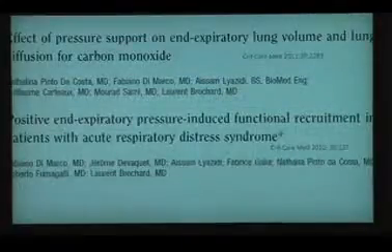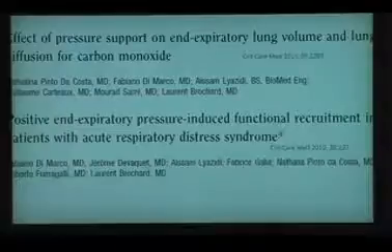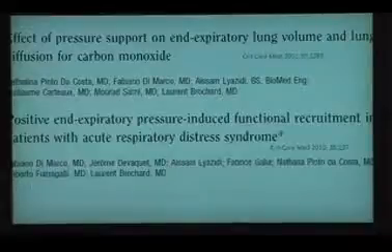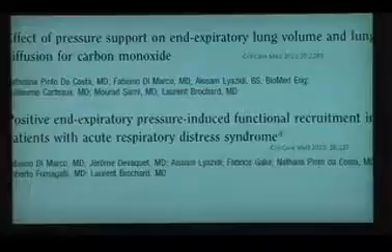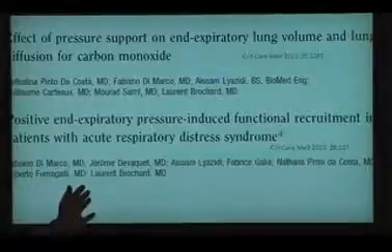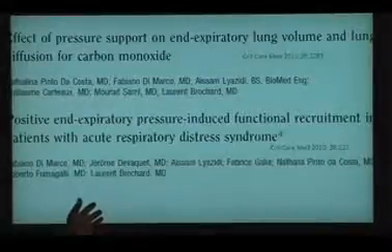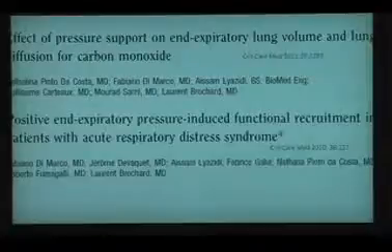There have been a couple of papers published within the last 5 years or so that suggested there may be a role for measuring DLCO within the lungs as a way of evaluating the potential for recruitment and so forth. So this work has the potential to be used maybe diagnostically as well as therapeutically in ARDS.